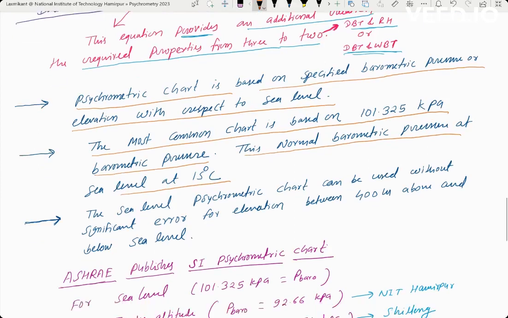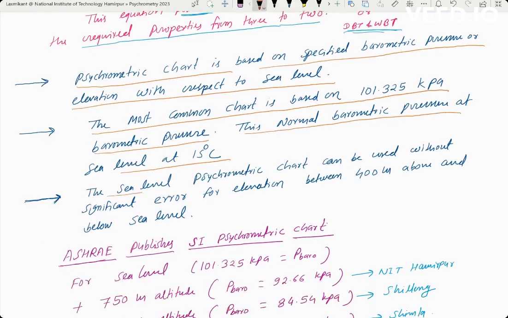The next information about the chart is that the sea level psychrometric chart can be used without significant error for elevations between 400 meters above and below sea level. Suppose you want to find the properties of moist air at NIT Hamirpur.